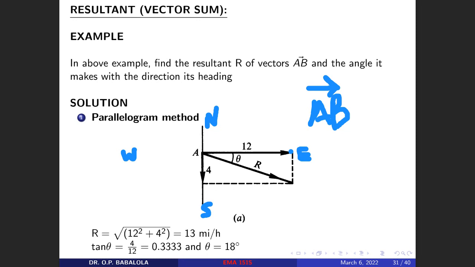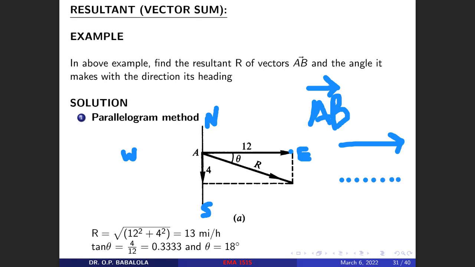We draw this resultant line, which also has a direction. Okay. Then how do we find R? That is now going to be using the parallelogram method. Remember that this side, let me start with A, let me say AE, is parallel. This is what I mean by parallel. AE is parallel to this dotted line.